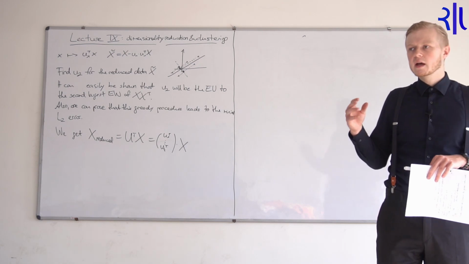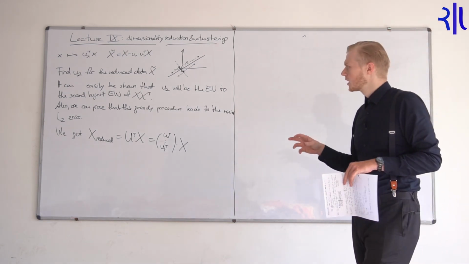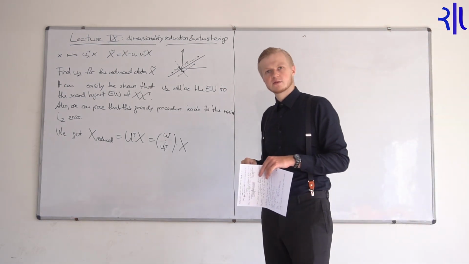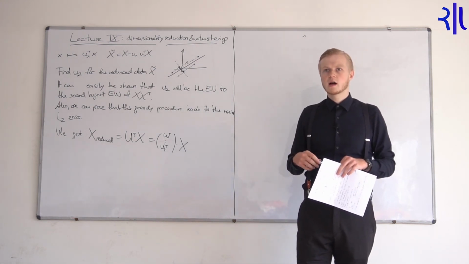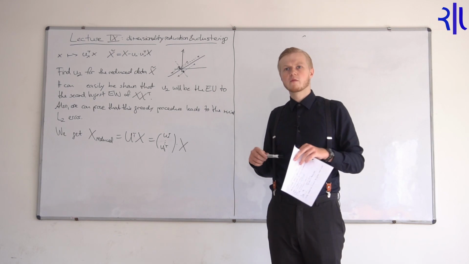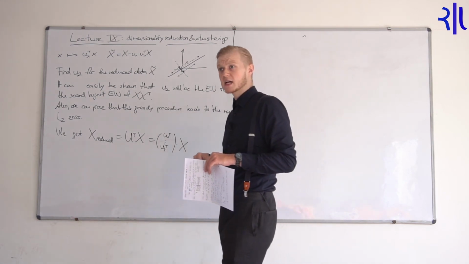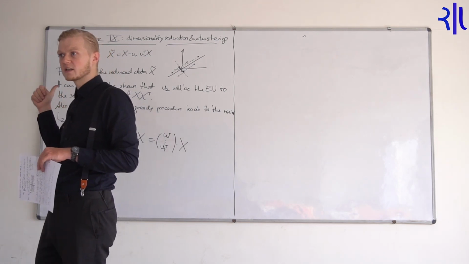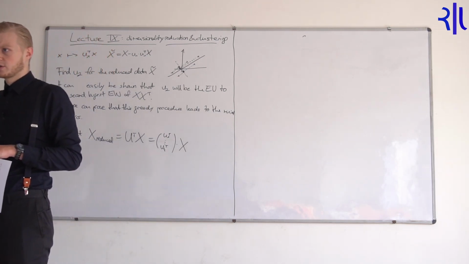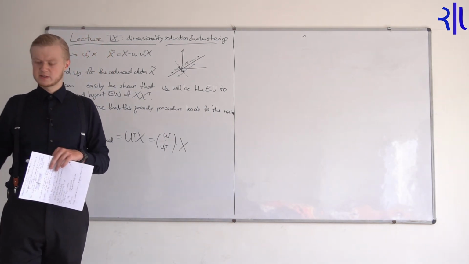So by looking at the eigenvalues of x times x transpose, we can find out how many dimensions the data has, at least if the data has this linear structure, that it is on a linear subspace.